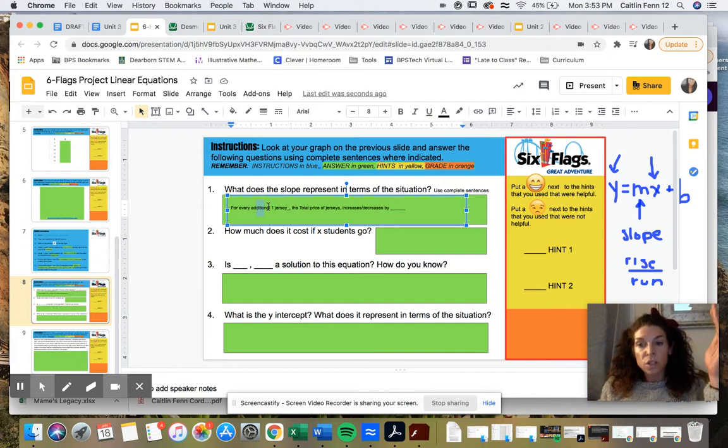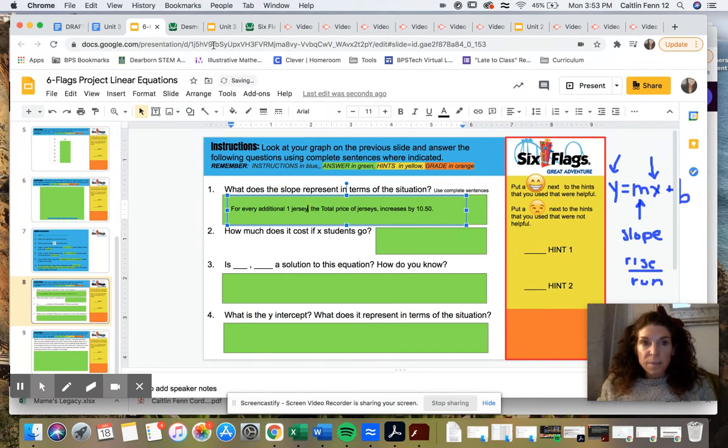If I buy more jerseys, the total price of the jerseys is going to increase. I'm going to get rid of decrease. It increases. And how much does it increase? I'm going to make this bigger so you can see this. It increases by $10.50.